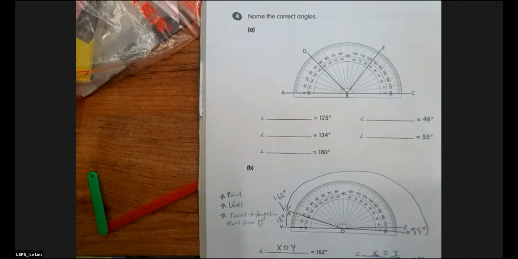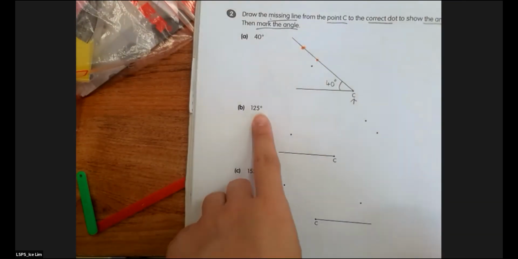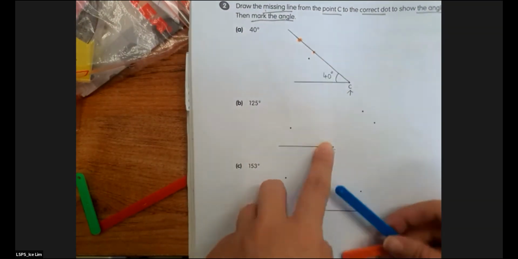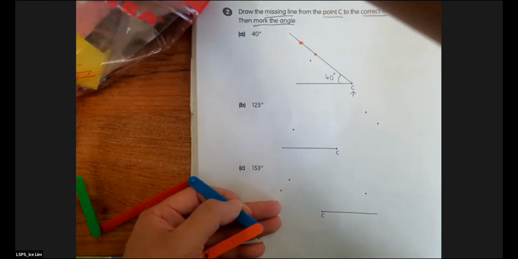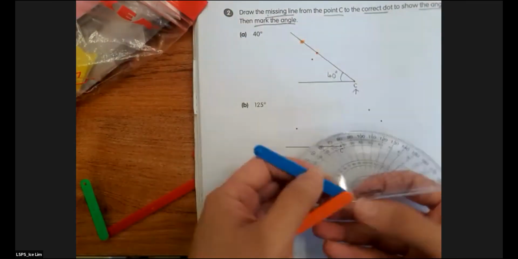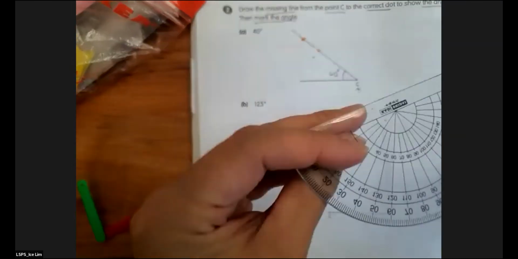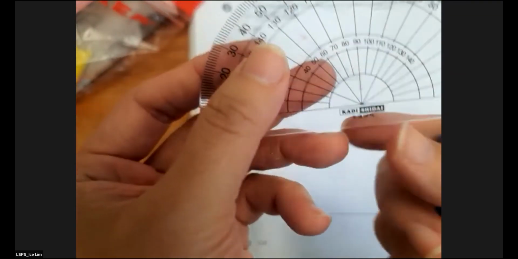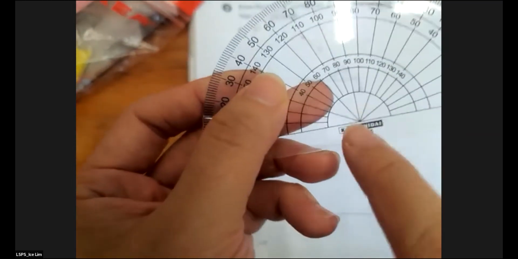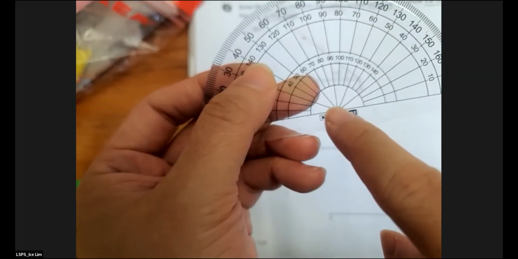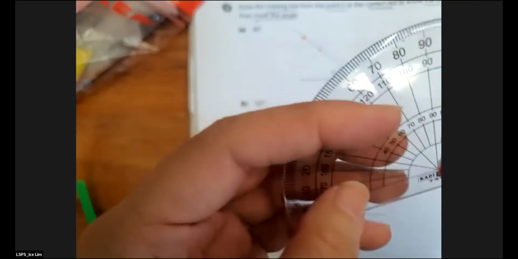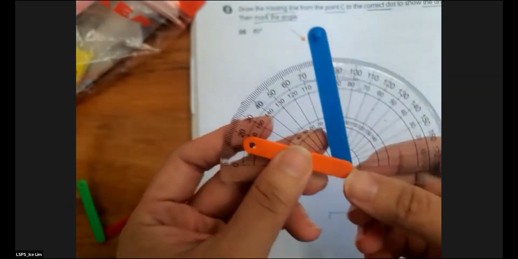So that's for using this. For example, this is 125 degrees. I could use a protractor as well, point to point. Some versions of the protractor even have a spot here that you could press on to mark the center point.